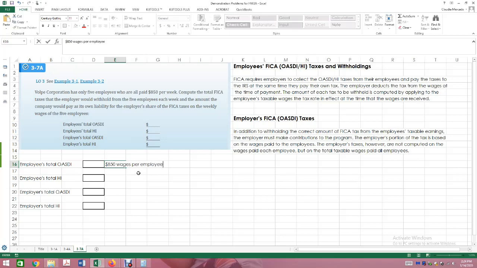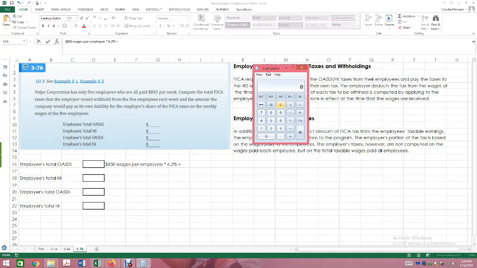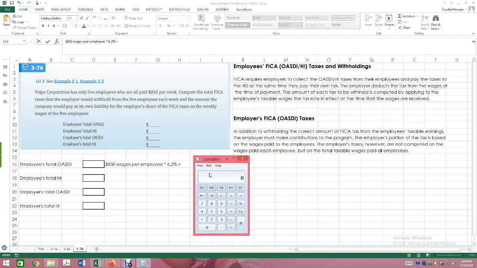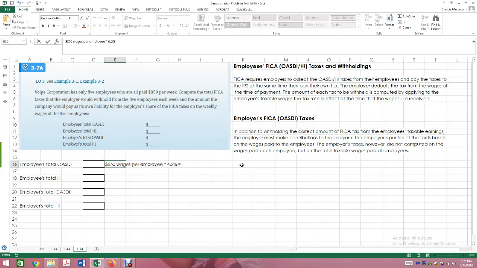I'm going to multiply that times 6.2%. $850 times 6.2% gives me $52.70. I know that each employee is going to be deducted $52.70 for OASDI.